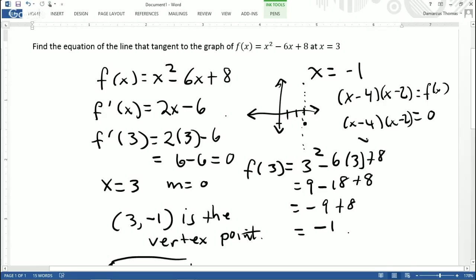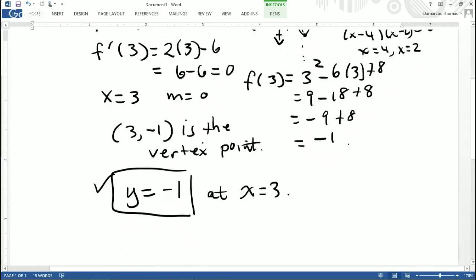So our two x-intercepts would be x is 4 and x is 2. And so we know that at 2 and at 4, our graph has intercepts. And this is just a rough sketch of what the graph is going to look like. So at -1, the slope of that tangent line should be very negative.